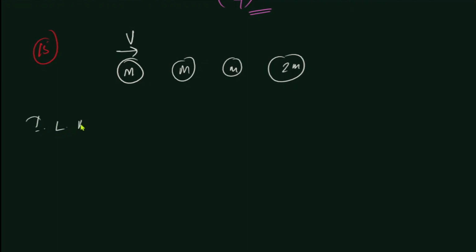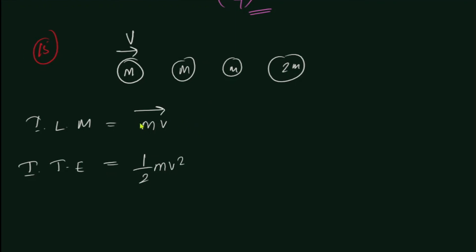The initial linear momentum of the system is mv, in this direction. What is the initial total energy of the system? Half m v squared.